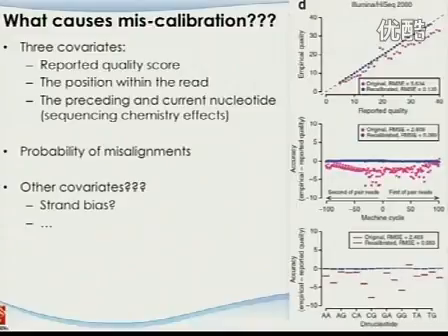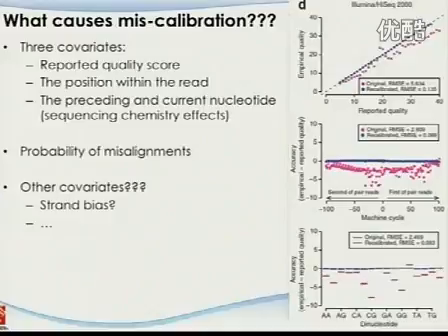So what is causing this recalibration? There are many different things. So we mentioned that machine cycles, which are the positions in the read, or the sequence compositions are possible contributors. And here are really three covariates. The reported quality score by the sequencer, the position within the reads, this is really the machine cycle.